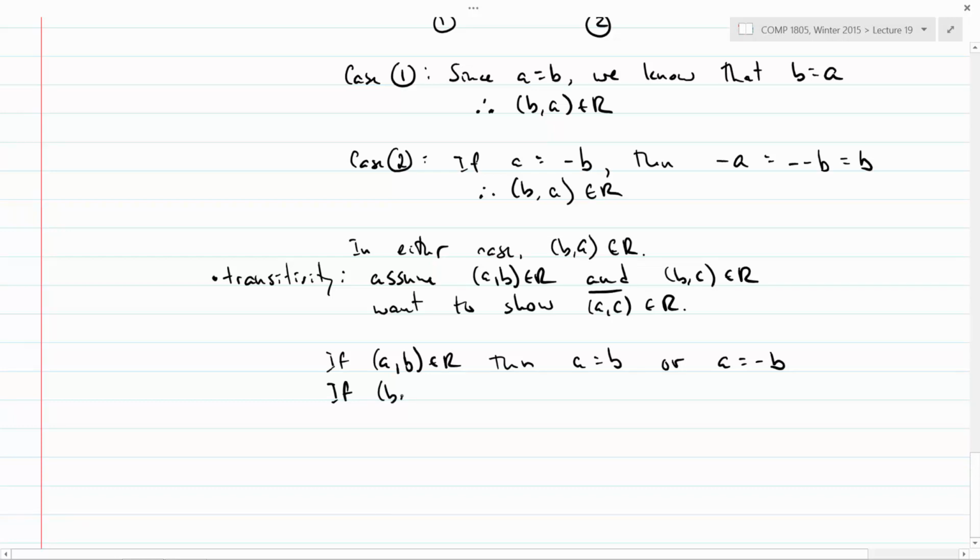And if BC is in R, then B equals C or B equals minus C. So now I know some facts, and I need to split this up into cases. Does that make sense? Can I have cases? So what cases am I going to have? How many cases will I have, first of all? 4. So what cases will I have?